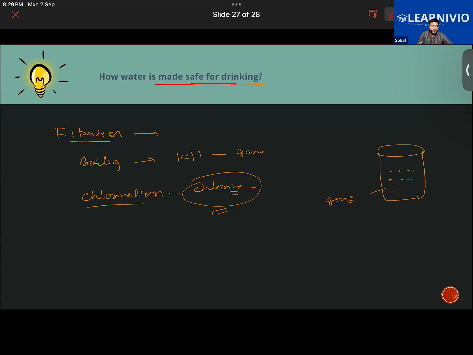They will be removed via the RO systems that we have installed at our home. Getting it, guys? The RO system can also remove different kinds of pesticides or fertilizer chemicals. Also, it can enrich the water with some minerals if that water lacks them.